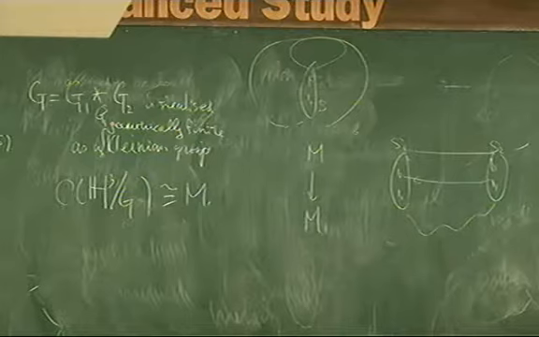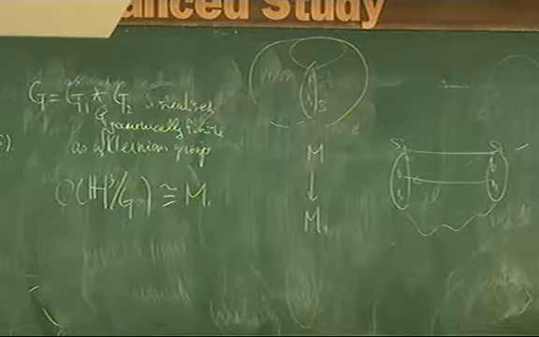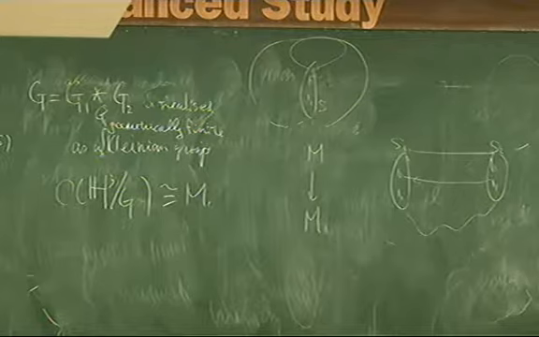So, to complete the proof of the uniformization theorem by proving the last stage of the induction, you have to show that, so we assume that M1 and M2 admit geometrically finite structure.